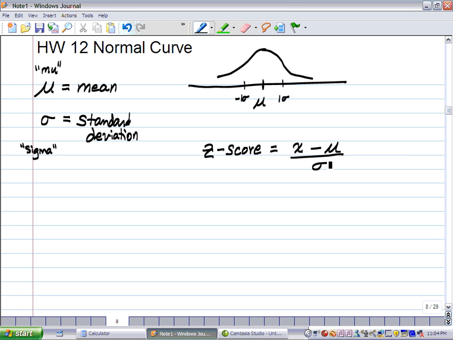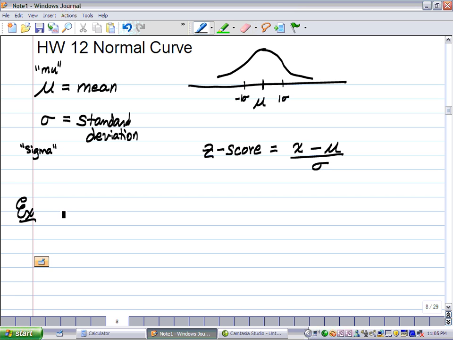So if their individual value is less than the mean, x minus mu will be negative, and their z-score will be negative. If their individual score is higher than the mean, then they'll get a positive number. If it's actually equal to the mean, your z-score will be 0.